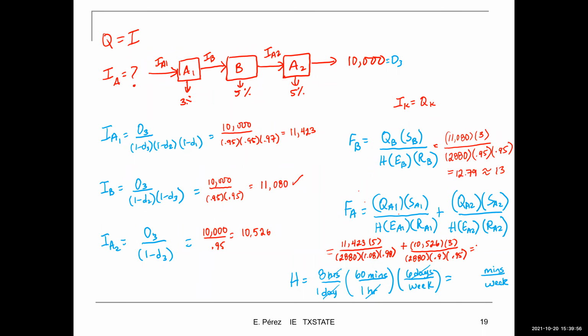And that summation is 31.57. It's about 32 machines.